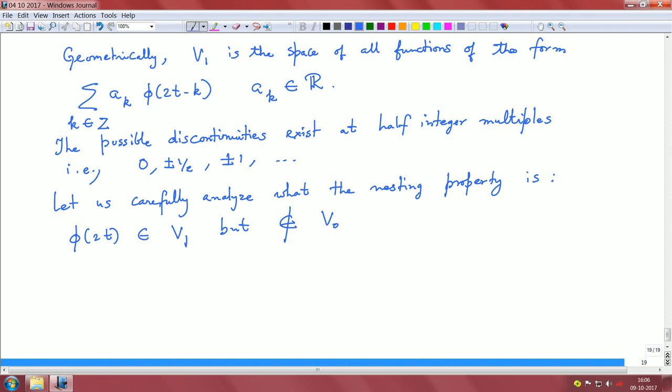V0 contains signals which can be expanded using phi of t minus k, where k is in the set of all integers, negative and positive. But this function phi of 2t, which is basically a boxcar function which is 1 from 0 to half and 0 else, cannot be realized using V0.